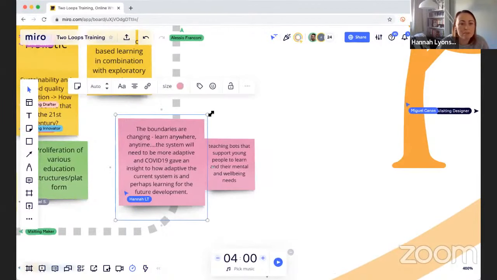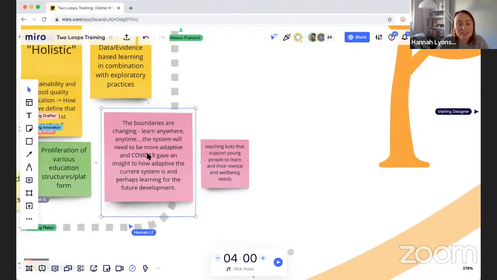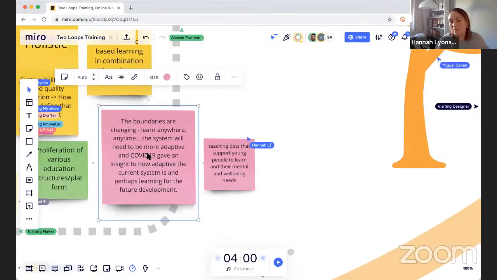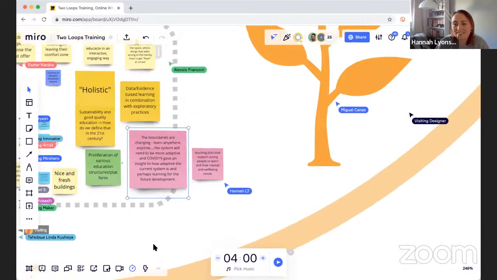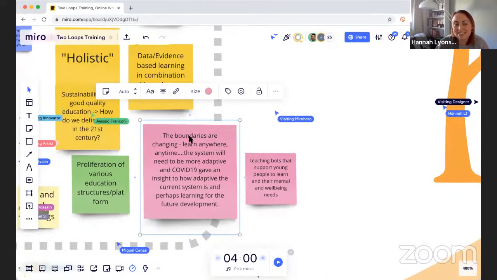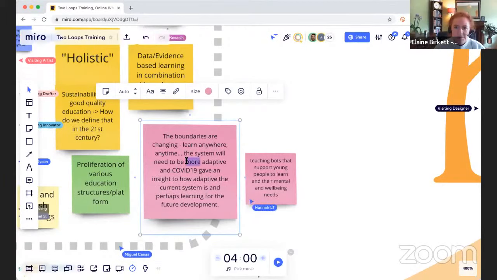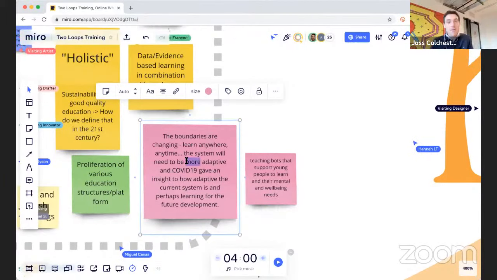And something here at the bottom as well around COVID impacting this. Does anyone want to talk about that? Yeah, I can talk to that. Sorry, go ahead, Joss, if you want to jump in. No, it's just interesting, the need for adaptation, right?